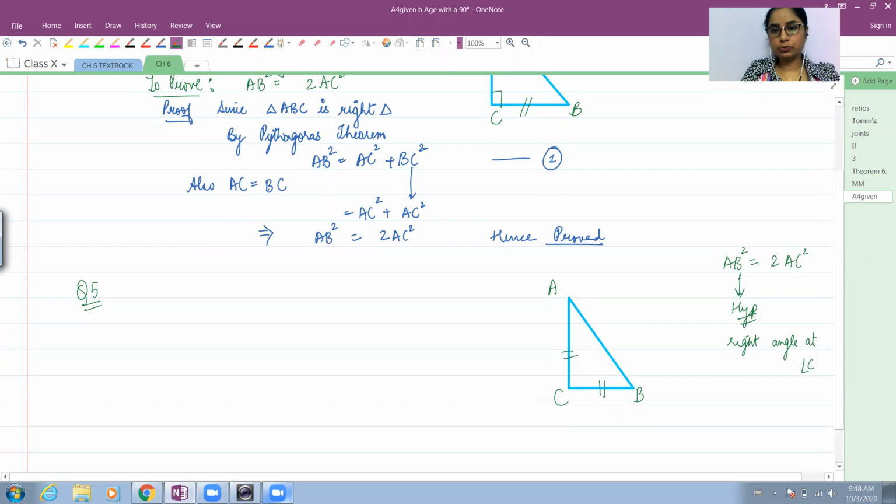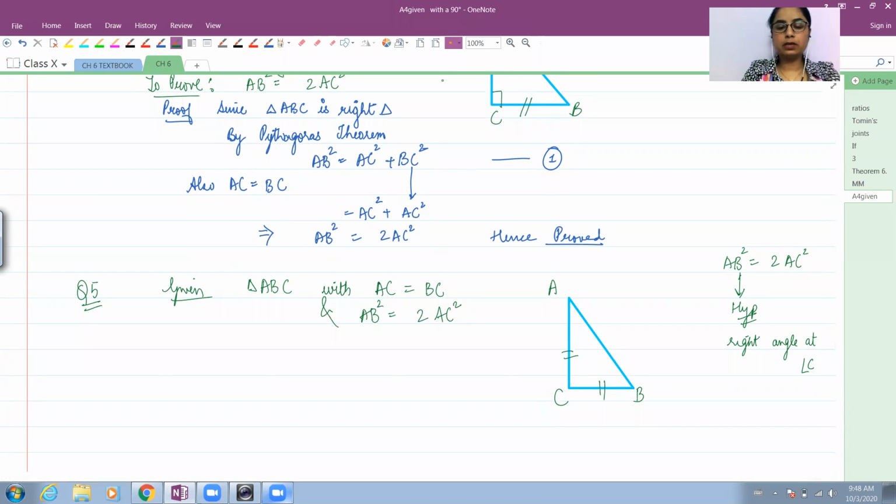So, I'm just going to show this. Now you can just compare the given and to prove part of the question side by side to identify whether or not the questions are converse to each other.